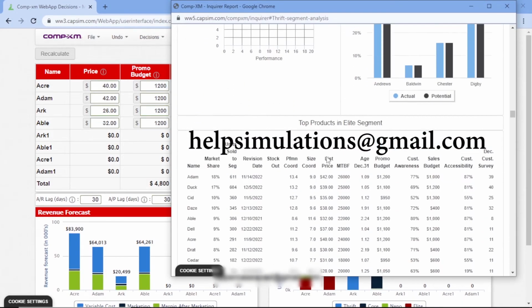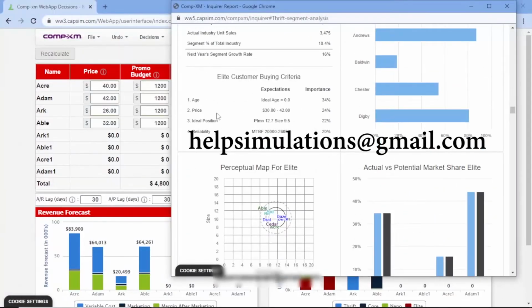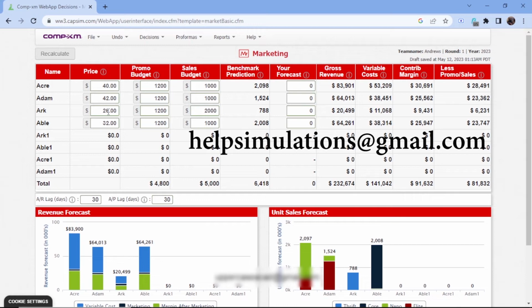Then in the elite market segment, pricing has an importance of 24%. So I'll only reduce the ones for core and thrift. This one I'll give 20. Then this one I'll give 29.